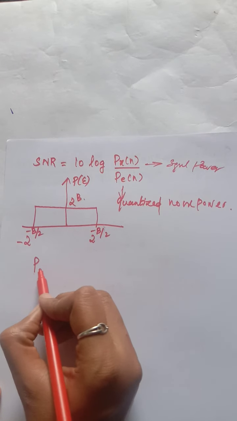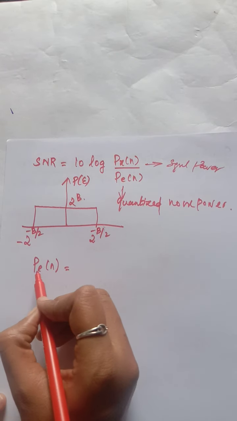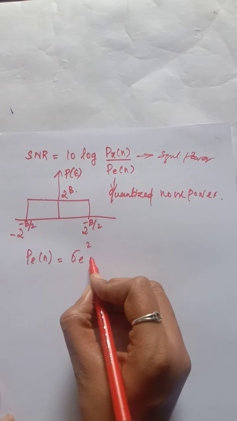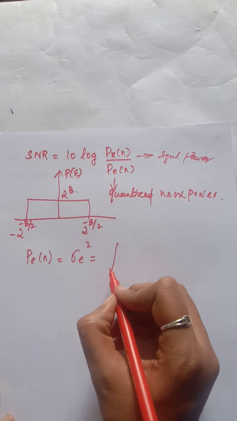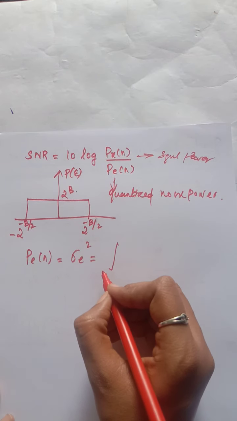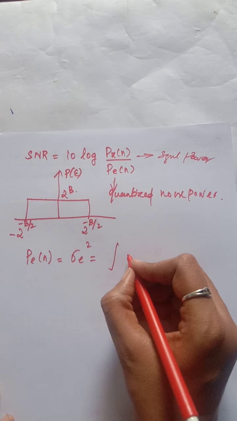Now I am going to find the quantization noise power, which is denoted by sigma e square.